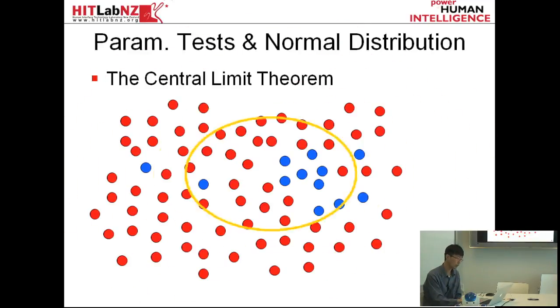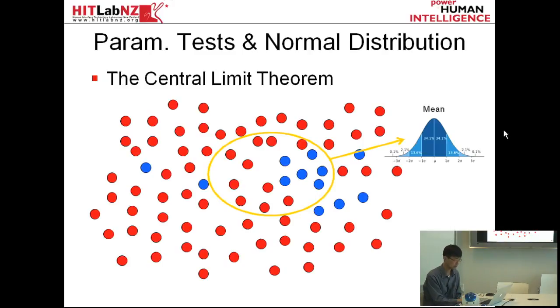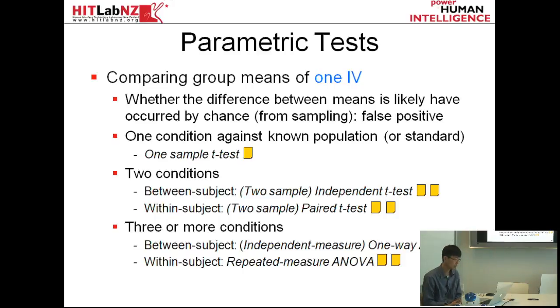In that way, if you sample enough number of samples, then you can pretty much say the mean value I calculate based on this sample will be on the normal distribution, so that we can calculate the probability of how likely two mean values are different or not. So that's the fundamental concept of how parametric tests are designed. That's why it is important to make sure your sample data is normally distributed before you run parametric test.